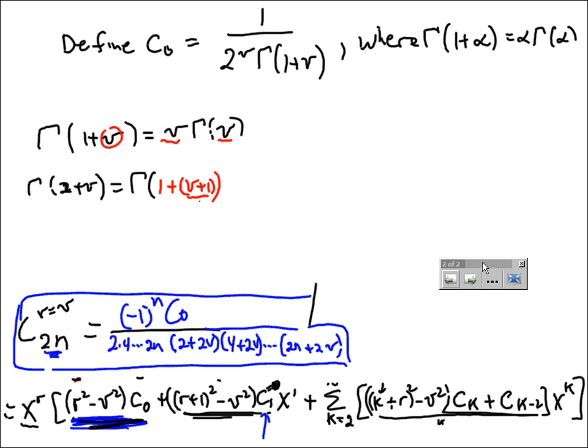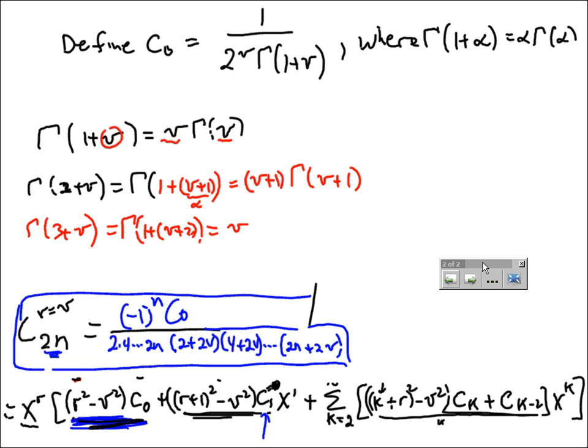So this here is my A. So I'm going to get A gamma of A. So you have gamma of 3 plus V. You can think of it as gamma of 1 plus V plus 2, where V plus 2 is my A. So I get V plus 2 gamma of V plus 2.